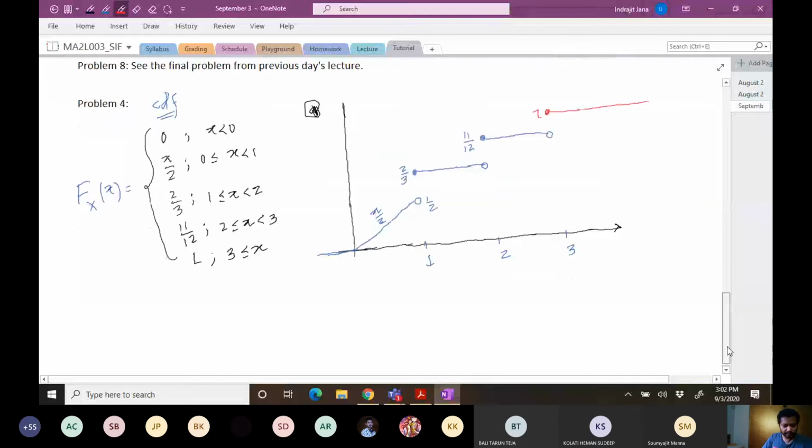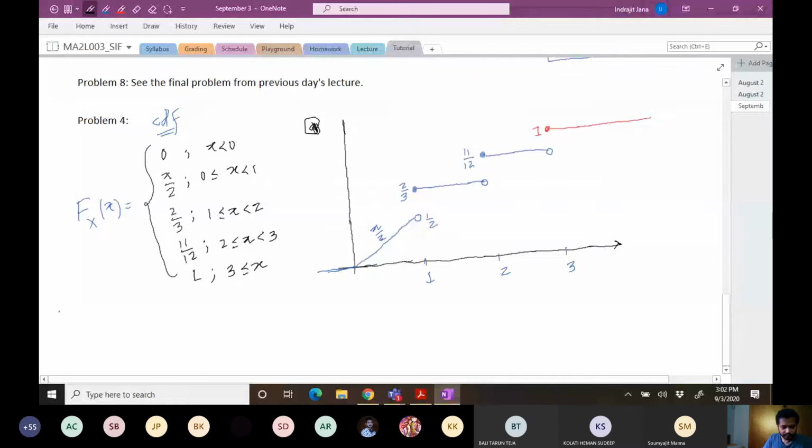Now what is the next part? Next part says find the probability X bigger than 1/2. So probability of X bigger than 1/2, which you can write as probability 1/2 strictly less than X less than infinity. It can never be equal to infinity.